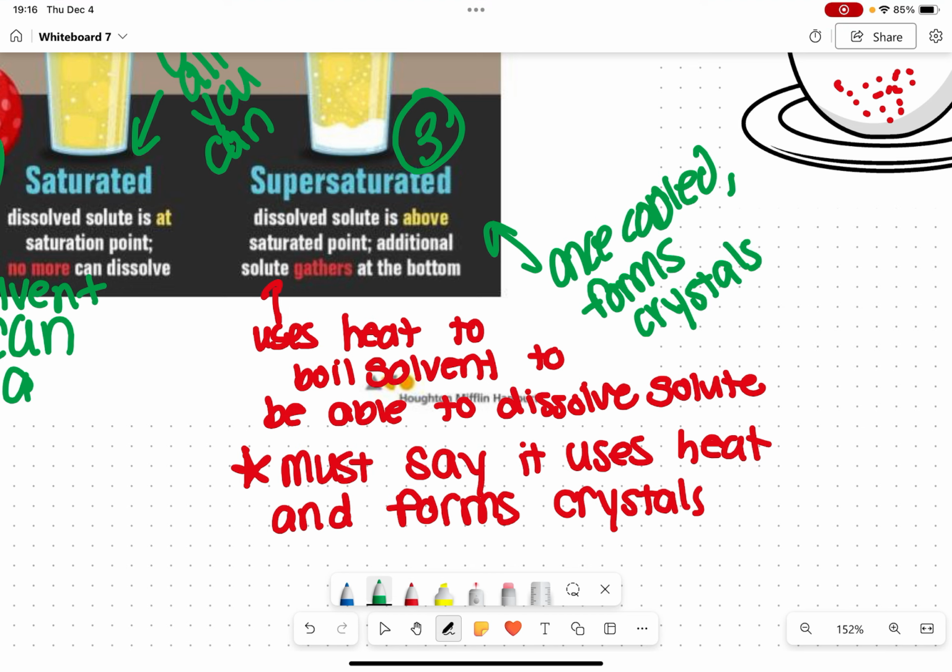Because that liquid cannot hold all of the solute that it dissolved, once the heat is gone, it actually kind of forces it out. And the way it does that is in the shape of crystals.